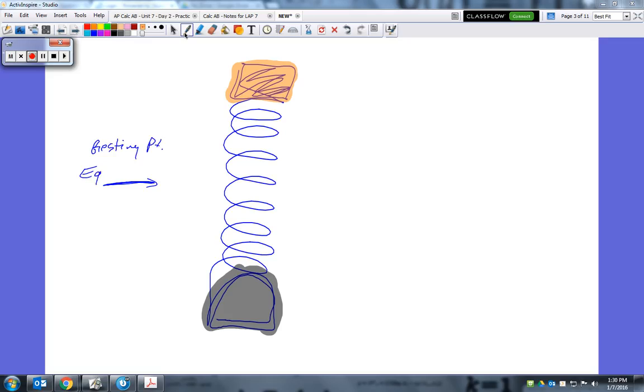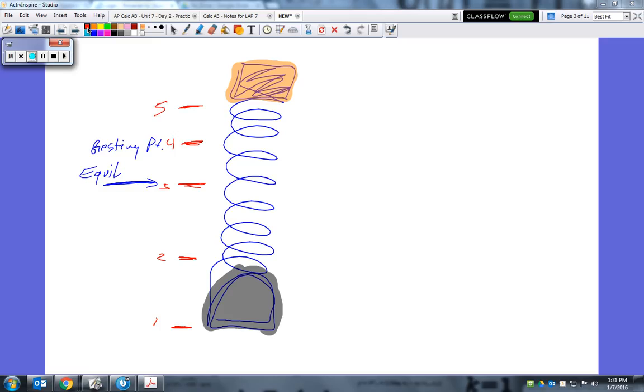And the resting point will be called its equilibrium. Okay? So at equilibrium, it's not going to move anymore. Okay? So, now let's look at this. I'm going to take some moments in time. Here, here, here, here, here. And we're going to call them 1, 2, 3, 4, 5. Okay?